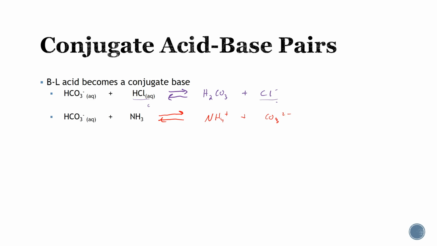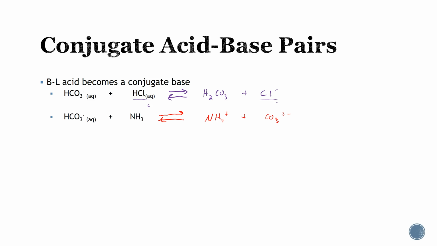Again, I'm not going to make you guess. Let's just say this is what I give you on a test or quiz. What you should be able to do is recognize which one gave up a hydrogen and is the acid, and which one accepted the hydrogen and is the associated base.